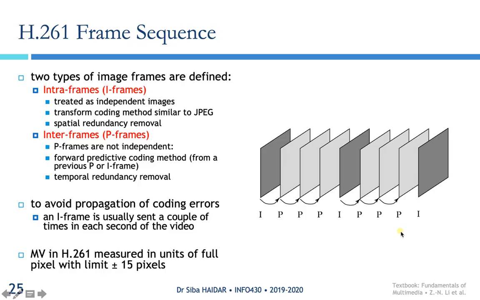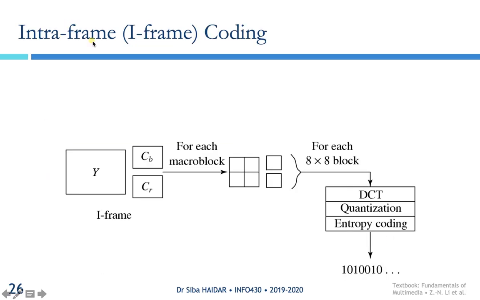So, as we said, we have intraframes and interframes. For the intraframes, the iframes, what is the coding? The coding is exactly the coding in the JPEG standard. You take the frame, you do the subsampling, you cut into blocks, and for each 8x8 block you apply DCT, then quantization, then zigzag reading, and then entropy coding.